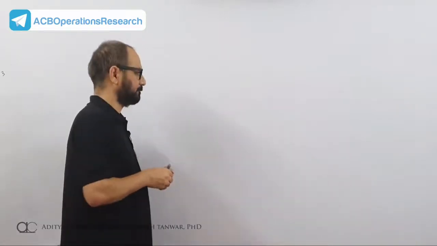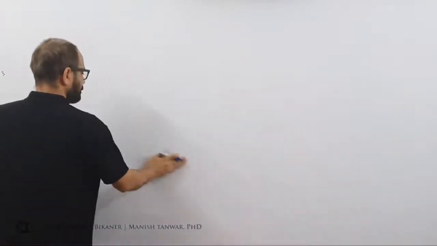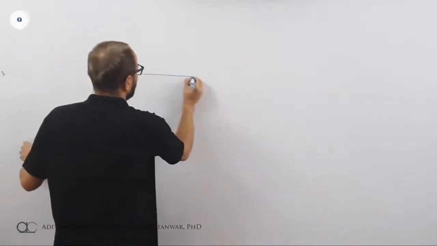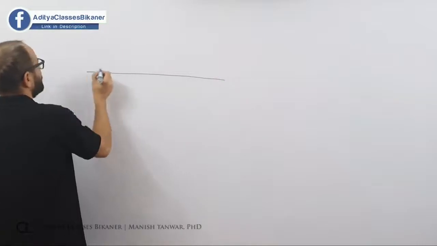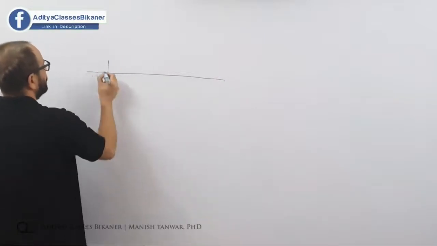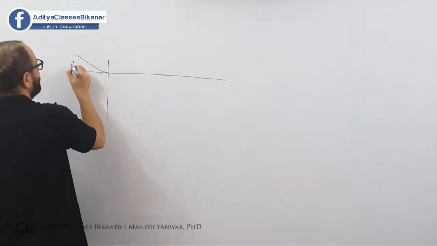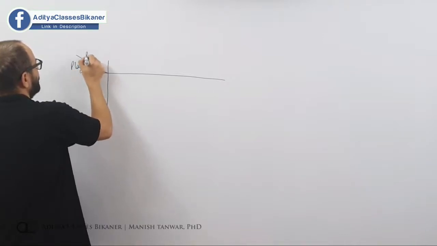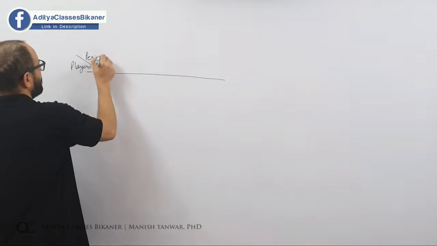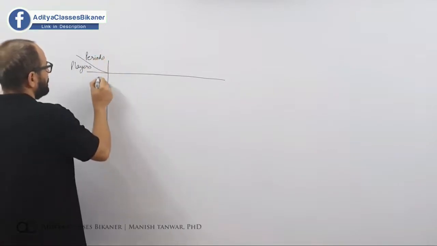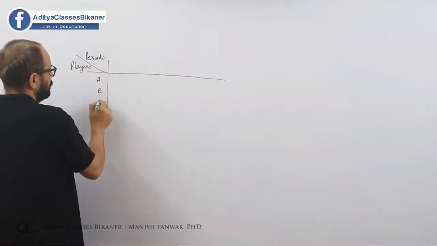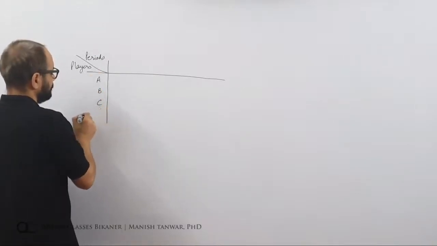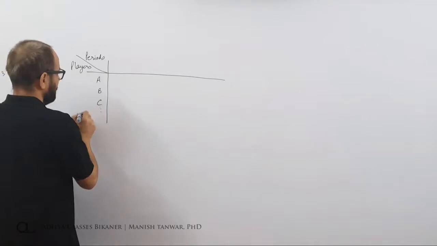Now, we will take a very simple situation. Let us say we have players and periods. We have, let us say, 1, 2, 3 players; there could be n number of players. We are taking only 3 for simplicity.